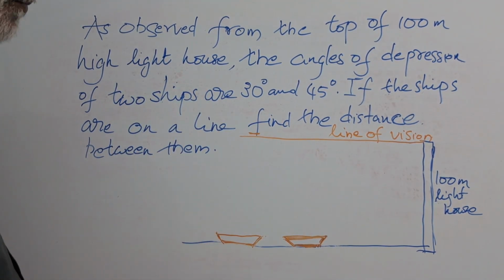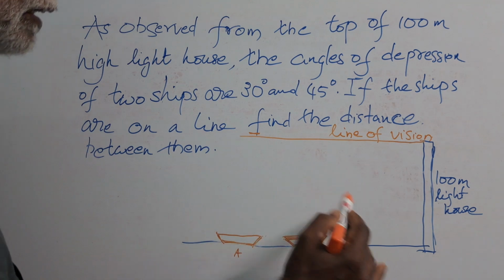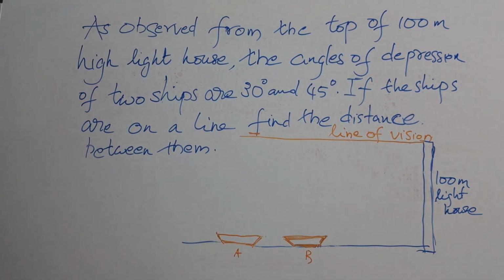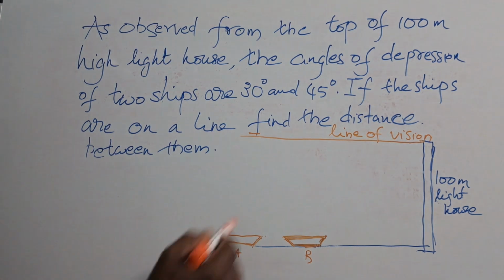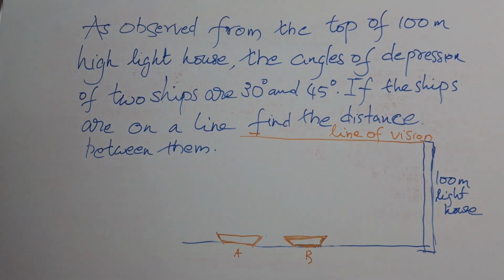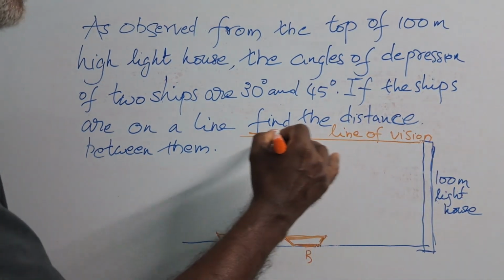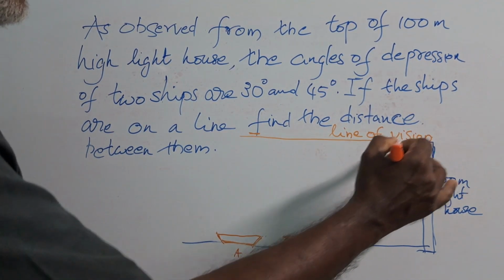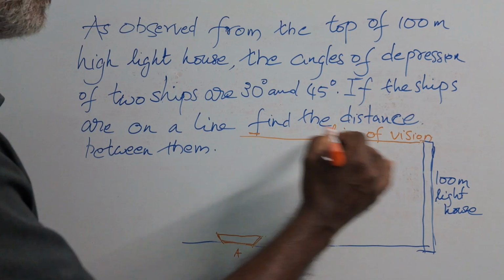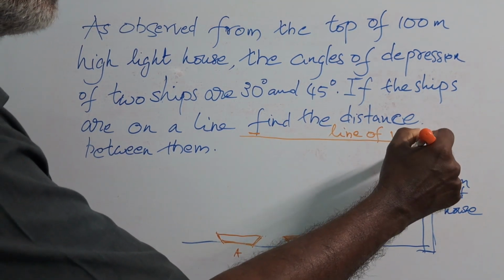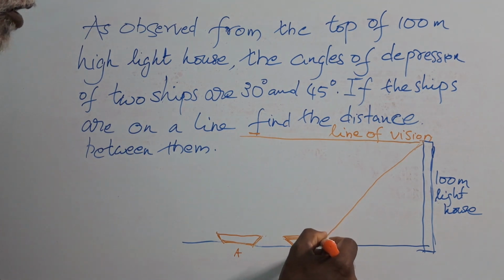Here, this ship, let me call it A, this one B. Ship B is nearer to the observer, or nearer to the lighthouse. Ship A is farther compared to ship B. Therefore, the angle of depression is the angle between the line of vision and the line to the object.